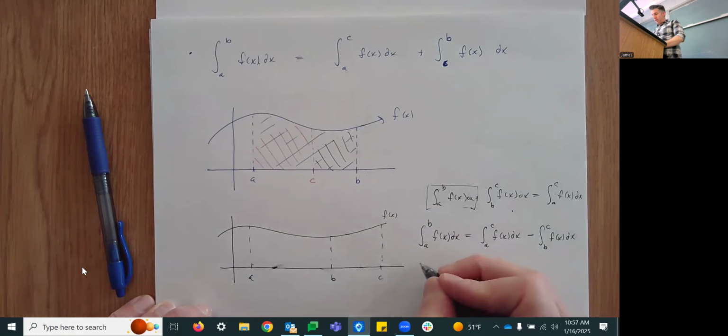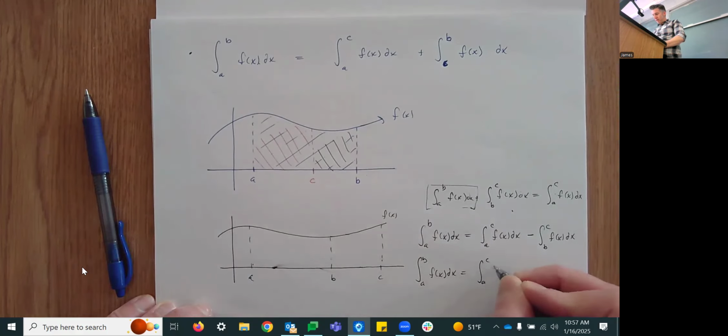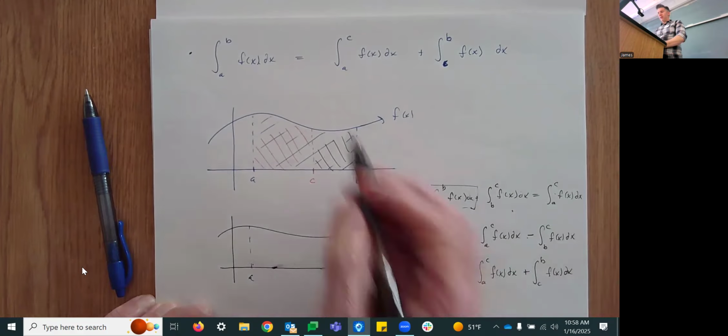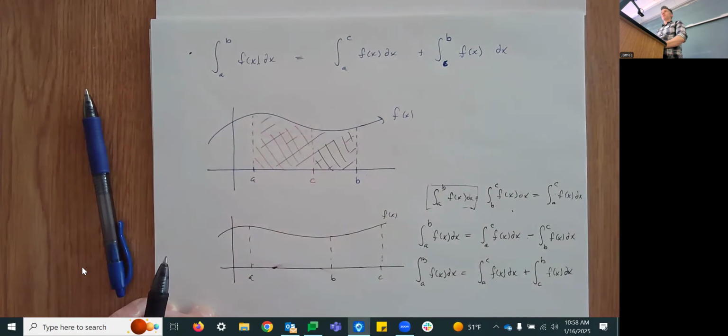So this is the same as saying the integral from a to b of f of x dx is equal to the integral from a to c of f of x dx plus the integral from c to b. Oh, look, it's exactly the same as the thing we wrote up here. Not even a little bit different, exactly the same.